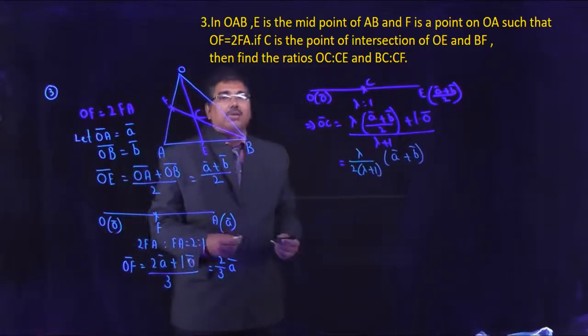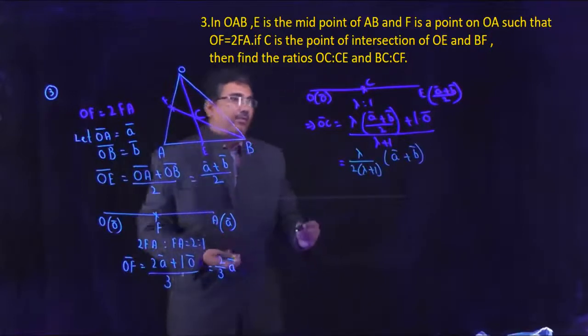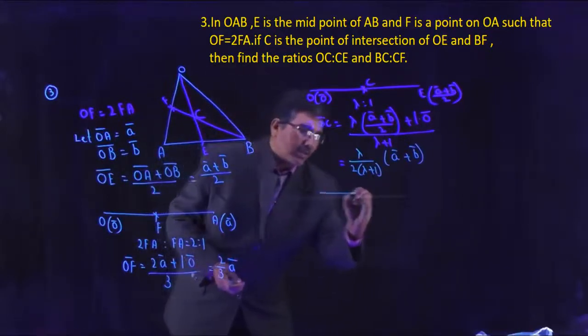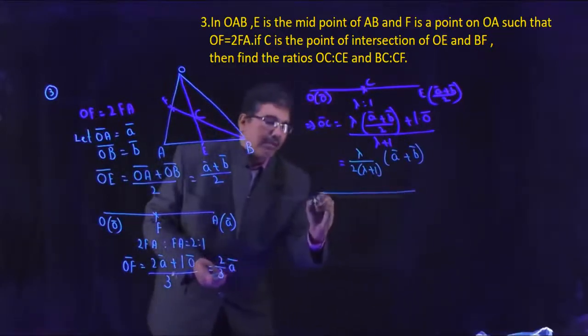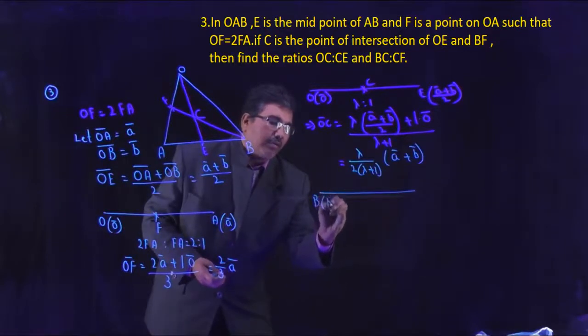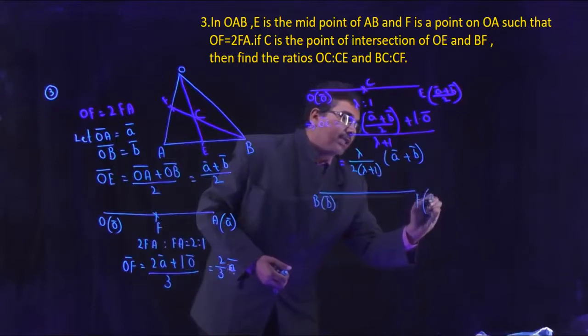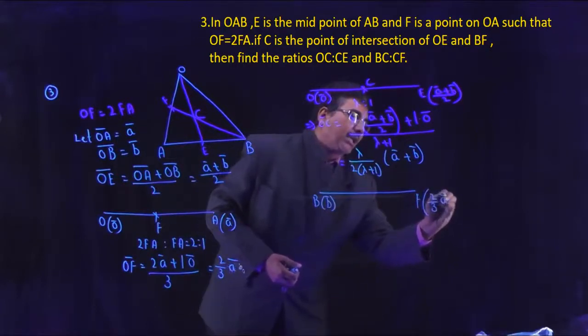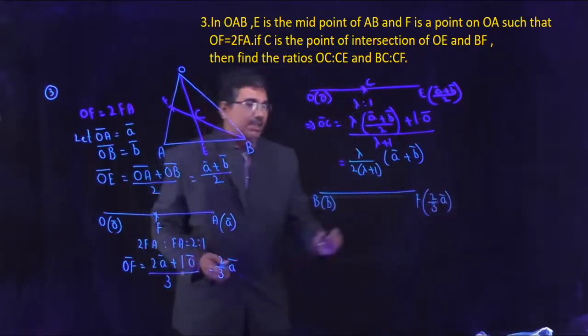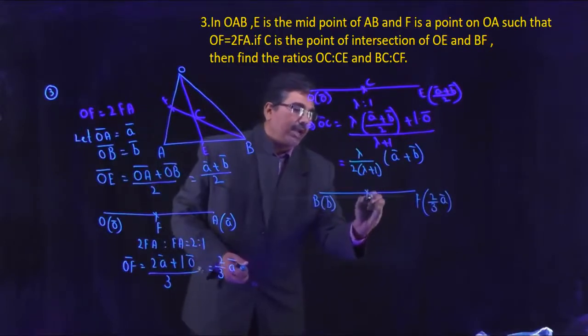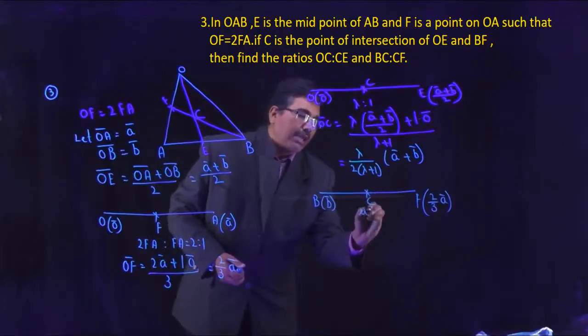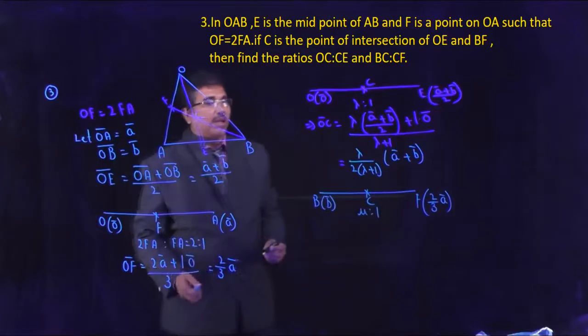C also lies on BF. The position vector of B is b bar. The position vector of F is 2 by 3 a bar. Right, suppose C divides BF in the ratio mu is to 1.